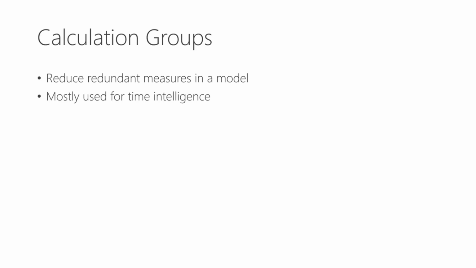There are multiple diverse use cases for calculation groups that I would probably cover in the next session that I get an opportunity to speak at the Tech Forum community. But today we will just look at time intelligence as a use case.